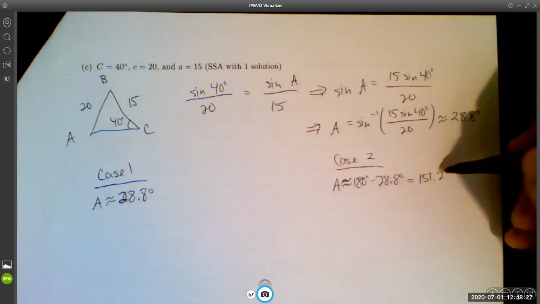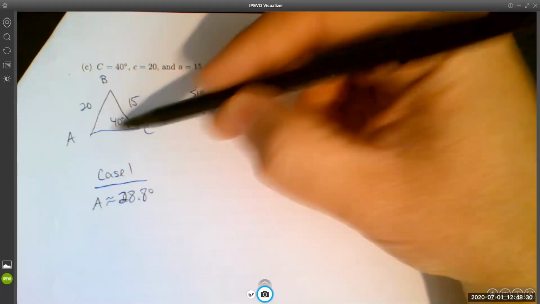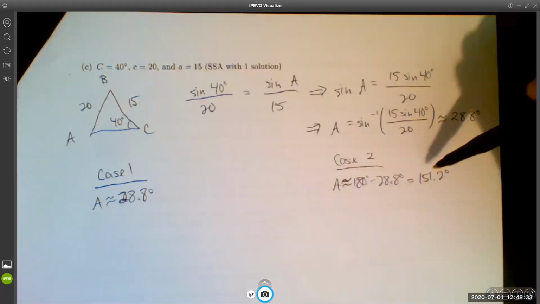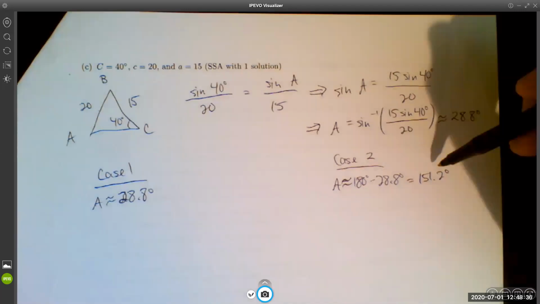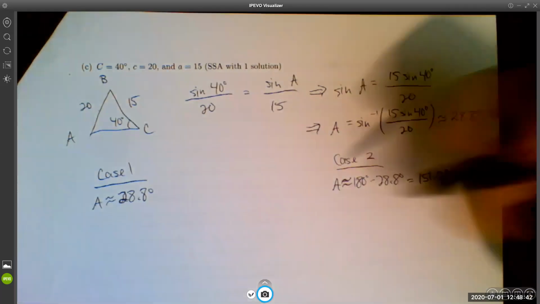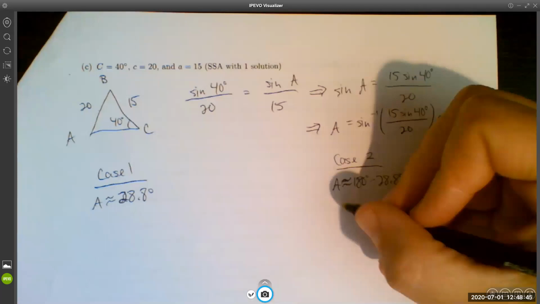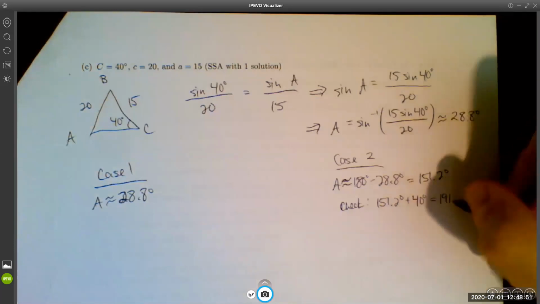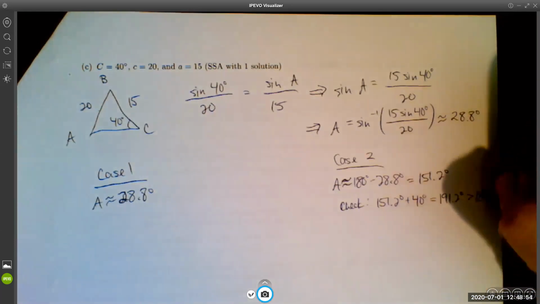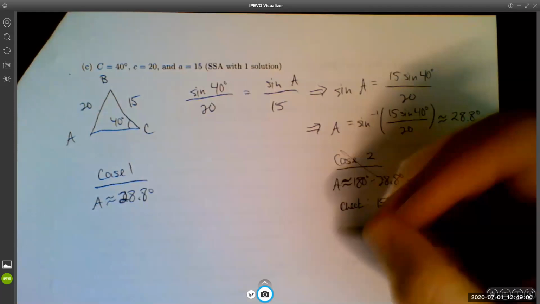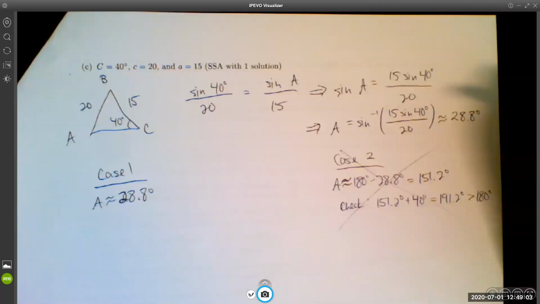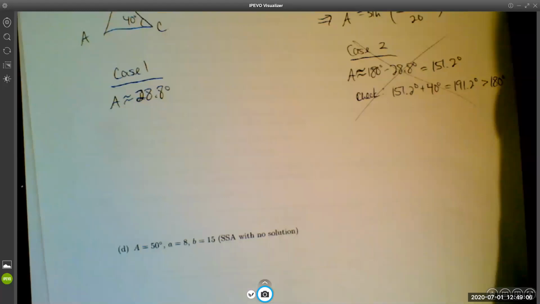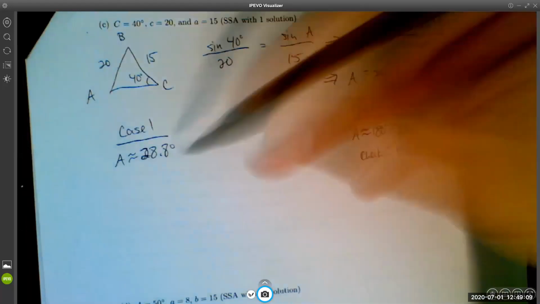If we add this to the angle that we were originally given of 40 degrees, we're going to get 191.2 degrees, which is more than 180 degrees. So clearly this case can't hold up, right? So our check here: 151.2 degrees plus the 40 degrees that we were given for angle C equals 191.2 degrees, which is greater than 180. And that tells us that case two does not give us a valid triangle. So case one is the only valid triangle that we're going to get out of the description that we were given.